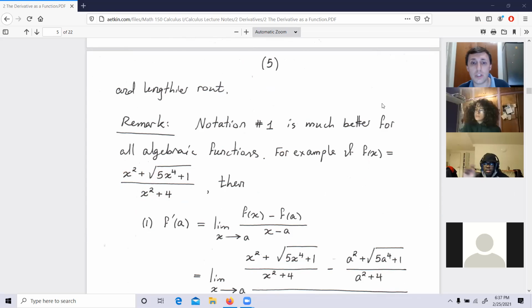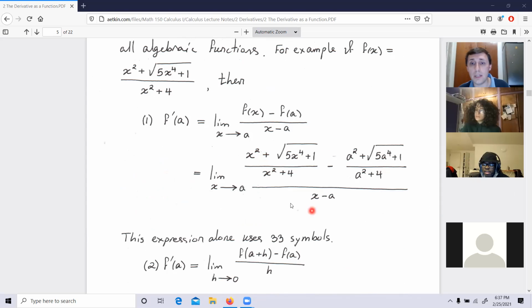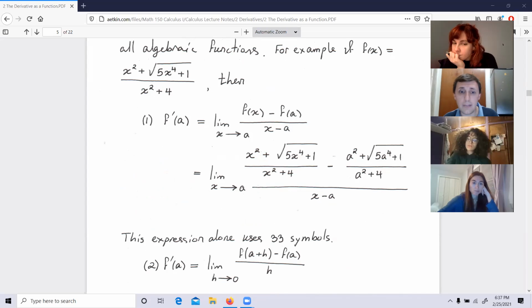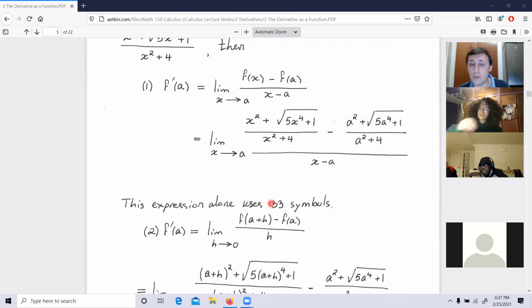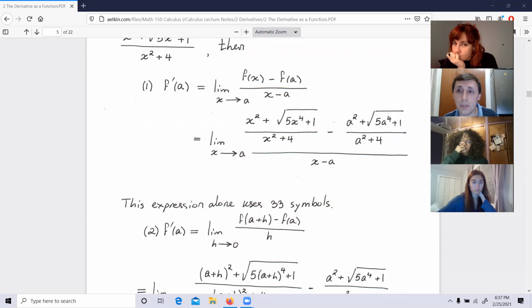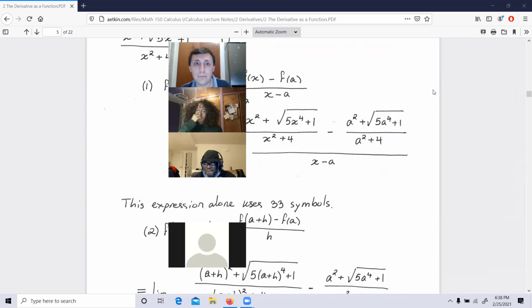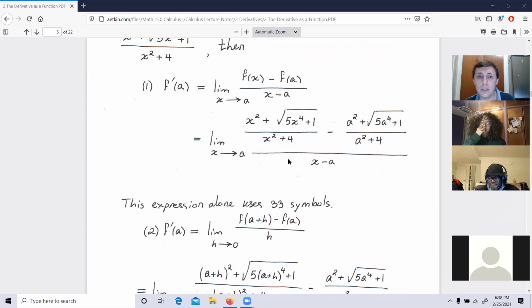Okay, so using notation 1, this is the way it looks. Do you see that? And if you count the number of symbols, you used 33 symbols to just write this one equation.